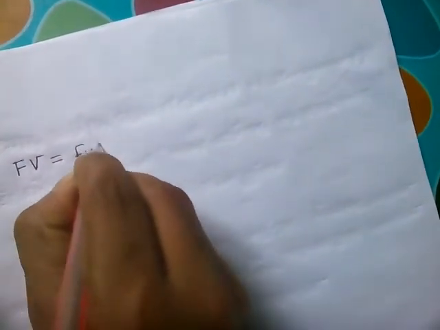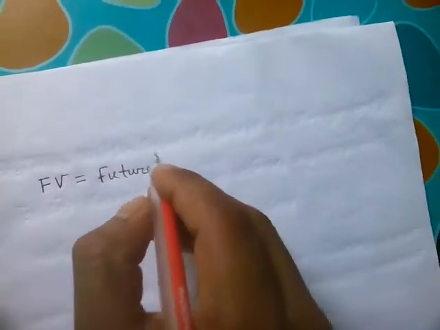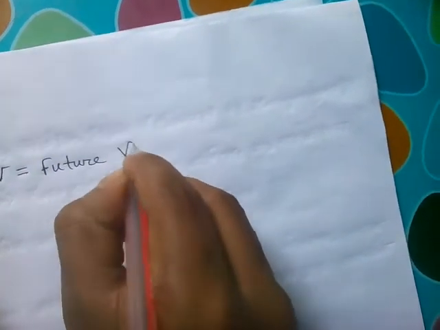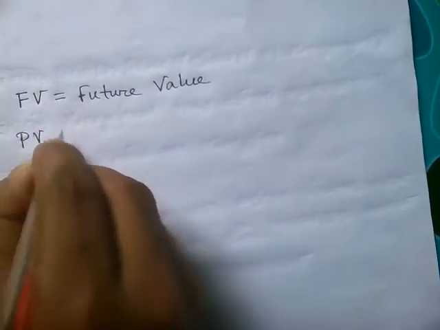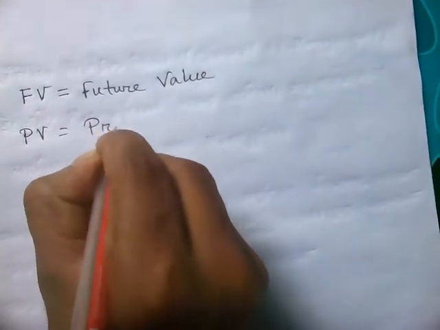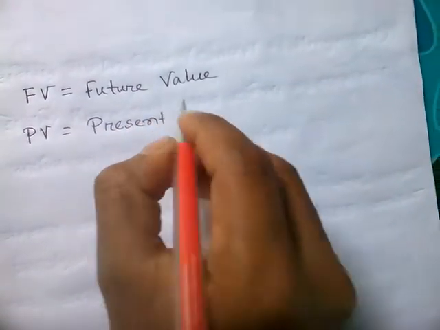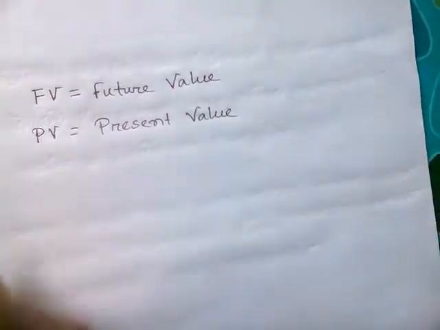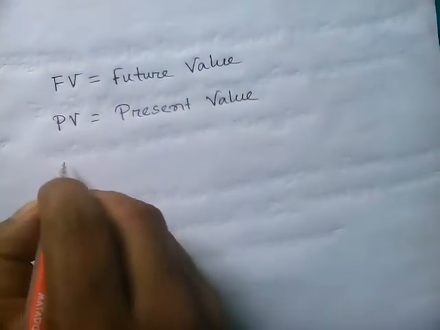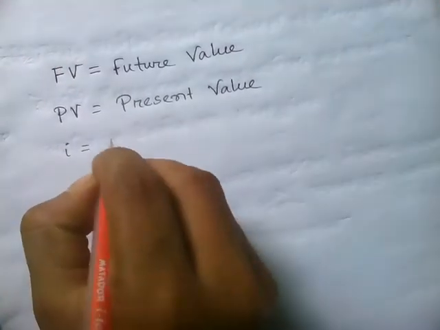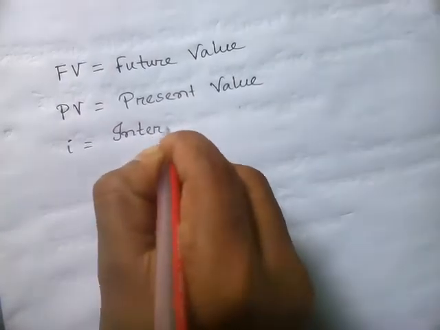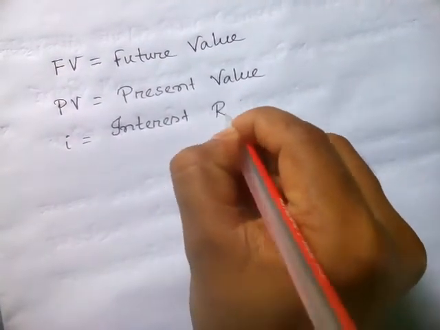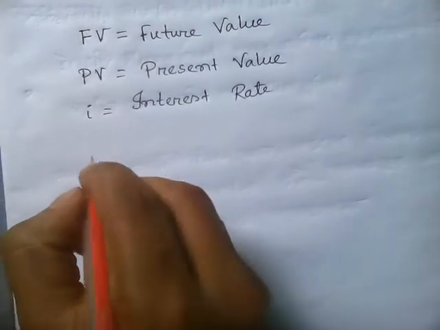I'm writing here FV. FV means future value. Then PV. PV means present value. I equals interest rate.